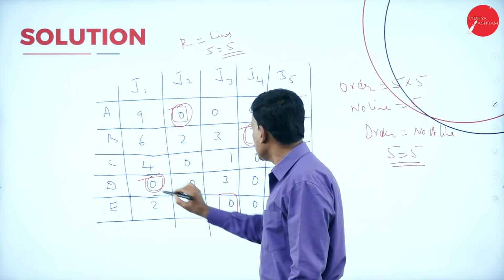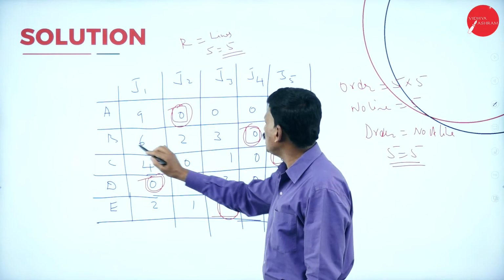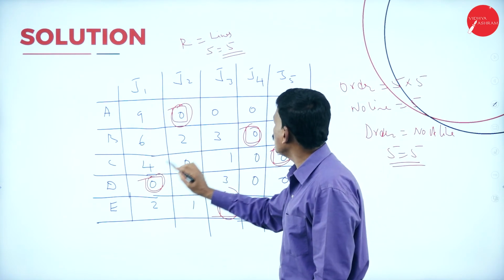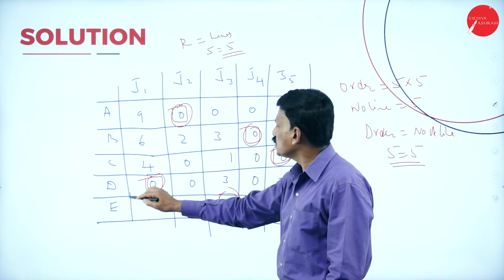So we can assign J2 to A, J4 to B, J5 to C, J1 to D, and finally J3 to E.